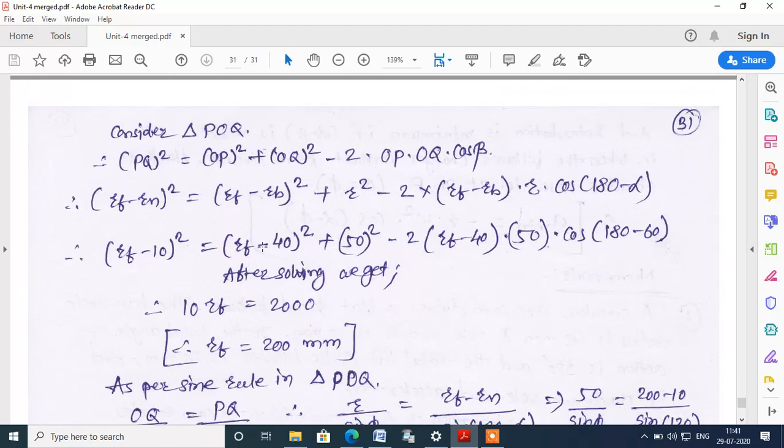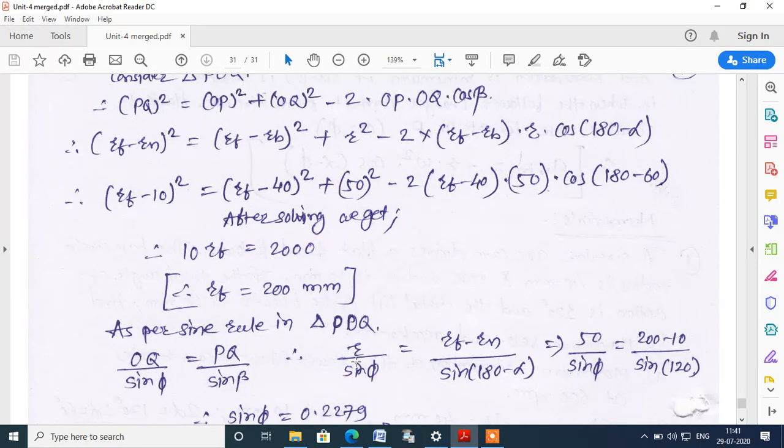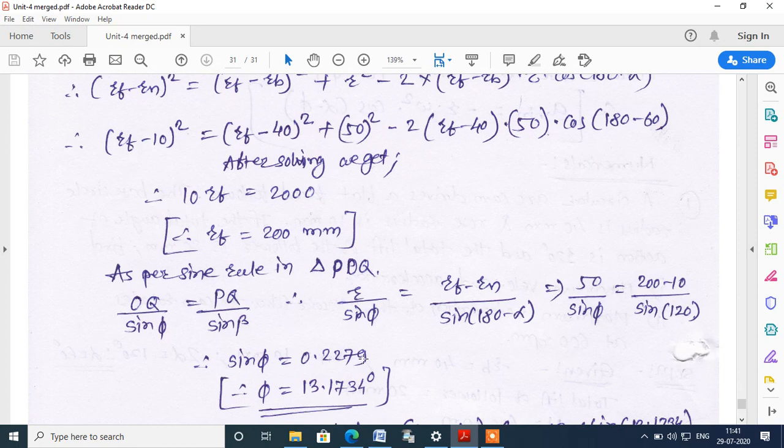So after solving this, solve it at your end or on the calculator, we get RF is 200 mm. Check this. RF is equal to 200. Now as per the sine rule in triangle POQ, OQ upon sin phi is equal to PQ upon sin beta.